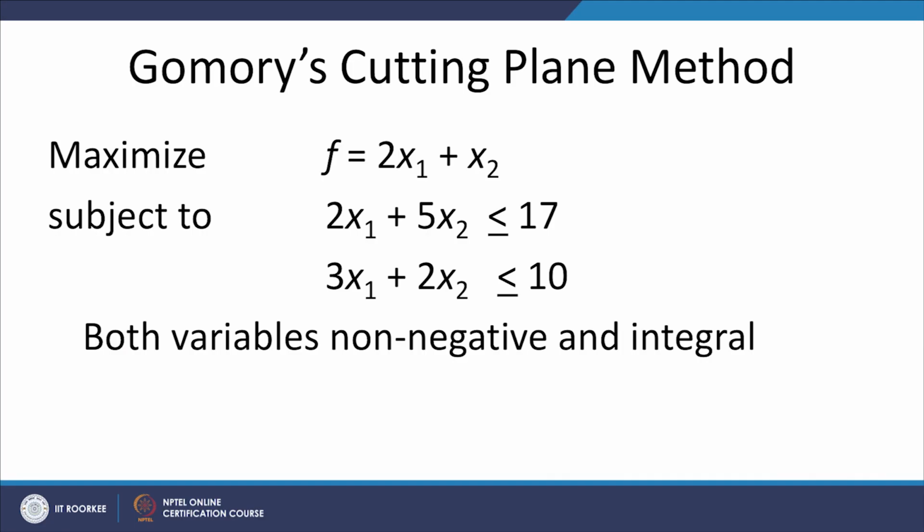Now the second method that we will study is called Gomory's cutting plane method, and let us take this example to understand it. Suppose we have to maximize 2x1 plus x2 subject to 2x1 plus 5x2 less than or equal to 17 and 3x1 plus 2x2 less than or equal to 10. Both variables are non-negative and integral.